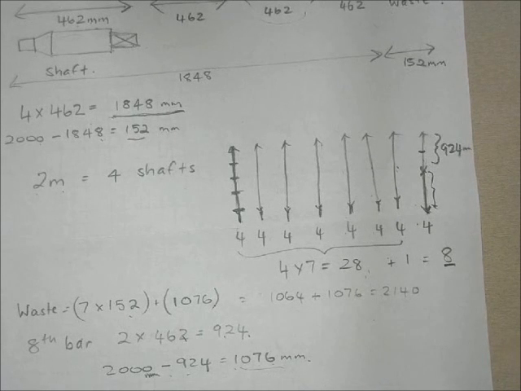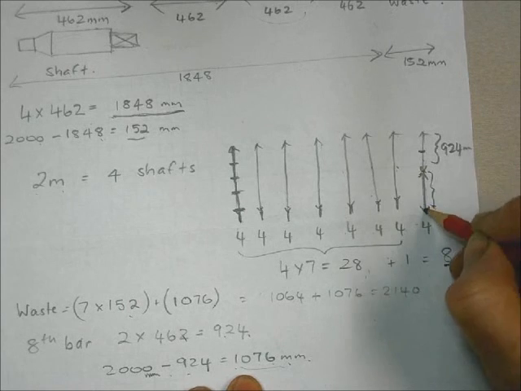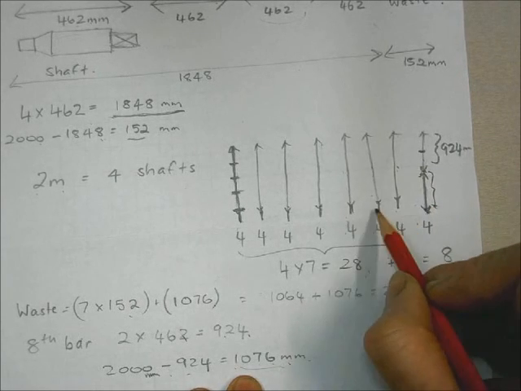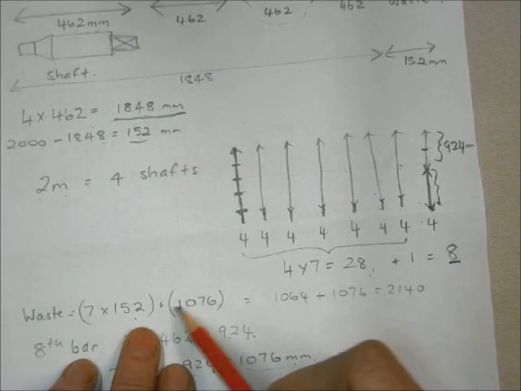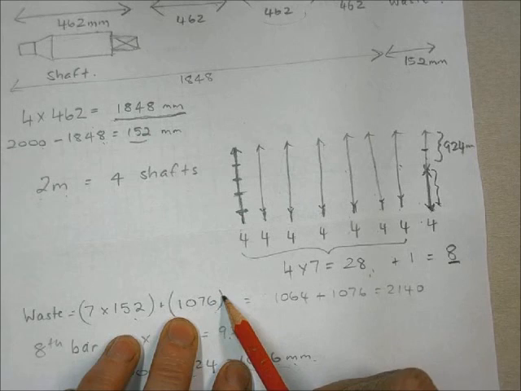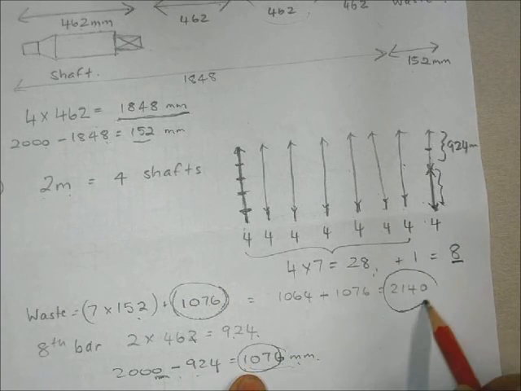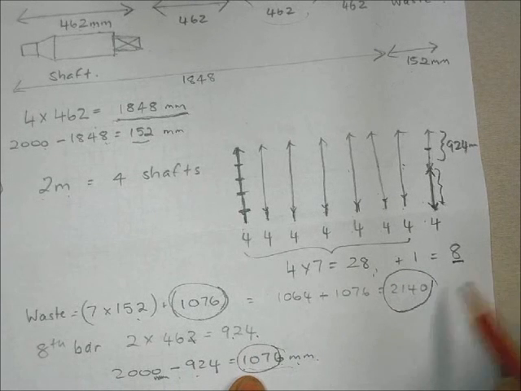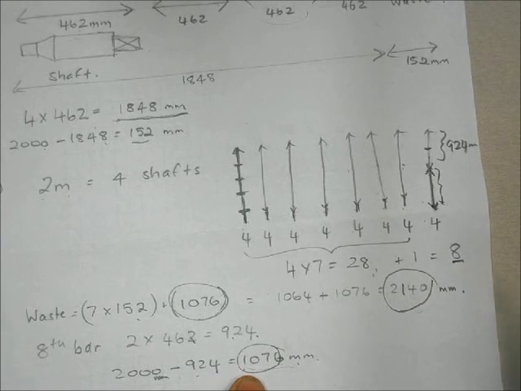Now that's the amount of wastage just in this piece here. If we add that to each of these bits of wastage, the 7 little pieces on the ends of each bar add together to make 1064 millimeters. So if we add that to the 1076 millimeters, our total amount of wastage adds up to 2140 millimeters.